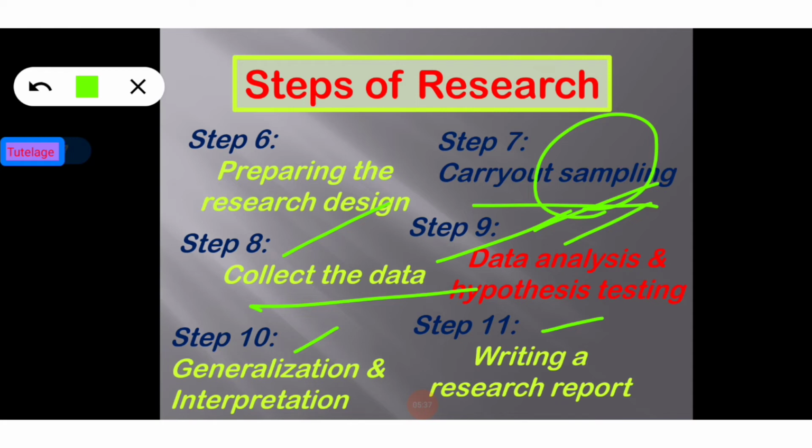In the beginning section of the research report, its title, acknowledgement, background, abstract, index, list of tables, list of figures, list of appendix, introduction, aims and objectives of the study are mentioned.